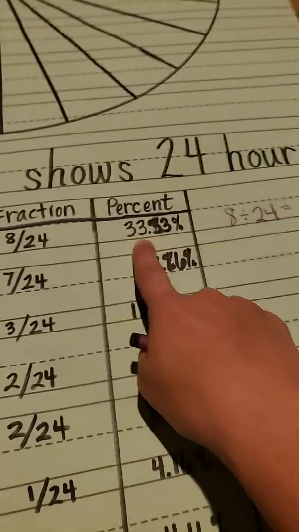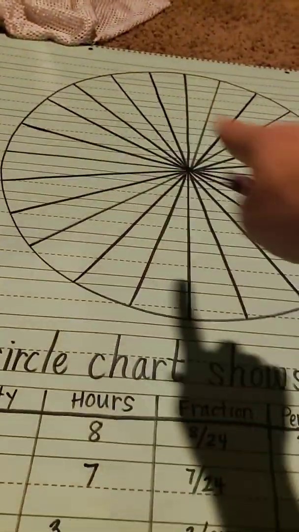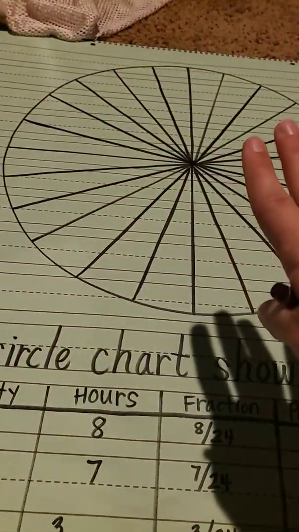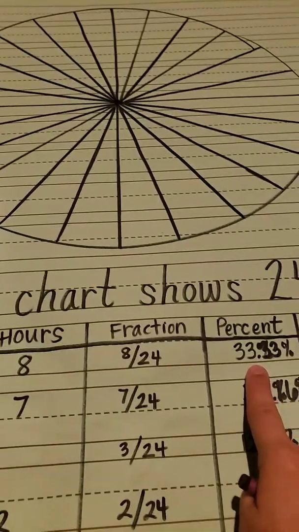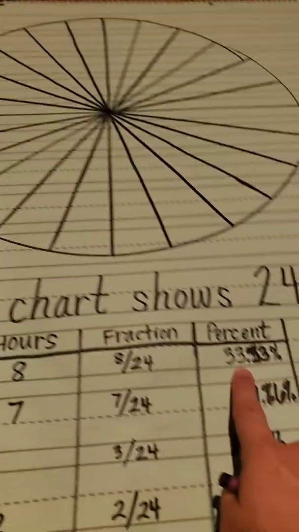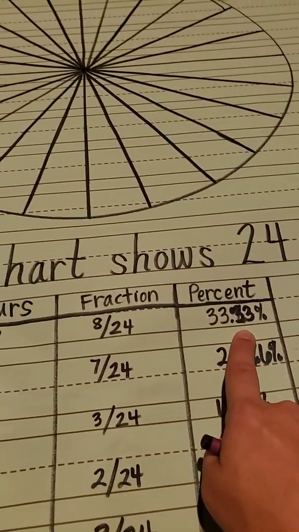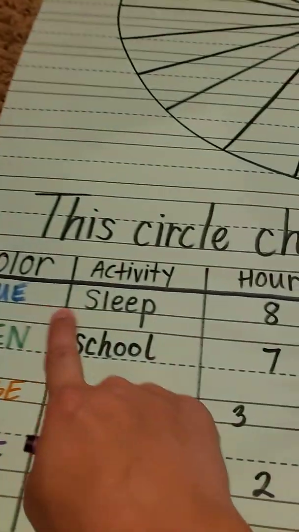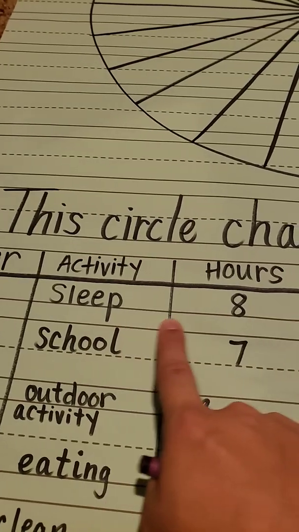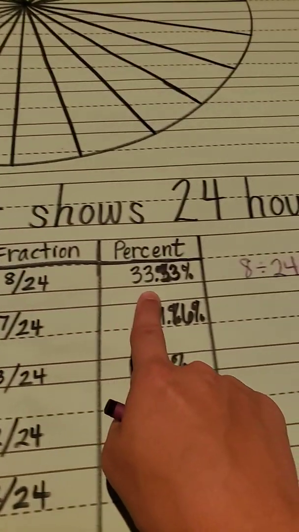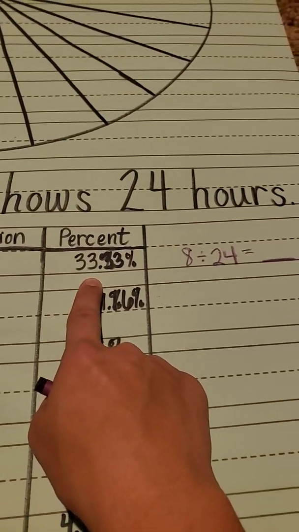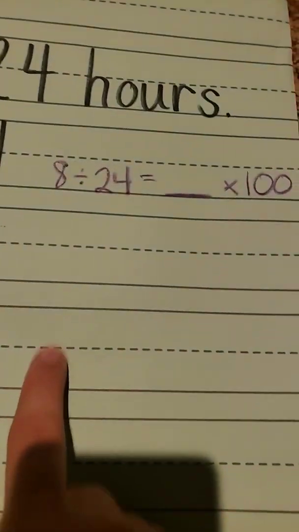This is talking about, like, if this whole circle graph is filled up 100%, well, I'm telling you that 33.33% of that circle will be filled up with blue. Okay, that means that out of 100% of the day, 33% of it, I'm asleep. Okay, so I'm going to leave that right there for you to look at.